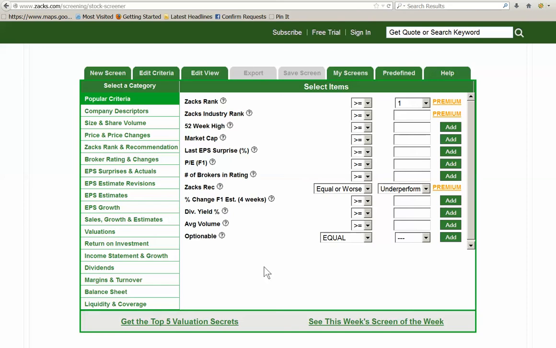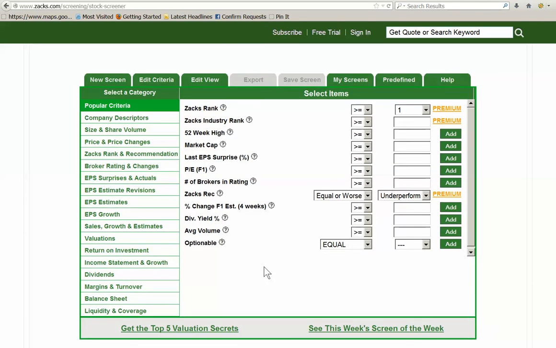Okay, so the first thing I am interested in, in this particular example, is stocks with a net income greater than zero. So I want a company that is profitable and made a profit last year, not a loss-making company. So in order to do that, and you can spend time playing around with this, but I'm just going to show you this example.